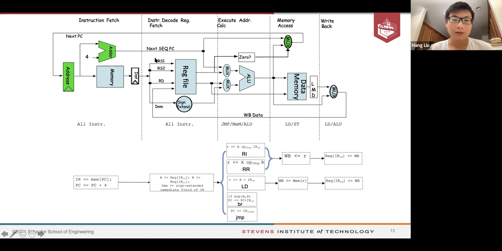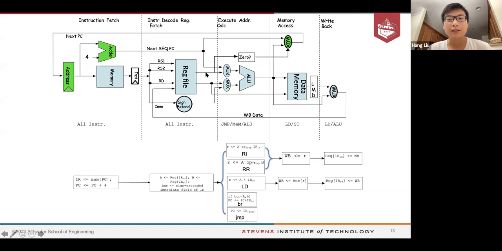Once you have them, you use these values as indices, go to the register file, which is like a hardware array. You index the specific registers and fetch the values out of it, right? And then the PC is also passed down from instruction decoding to potentially the calculation.